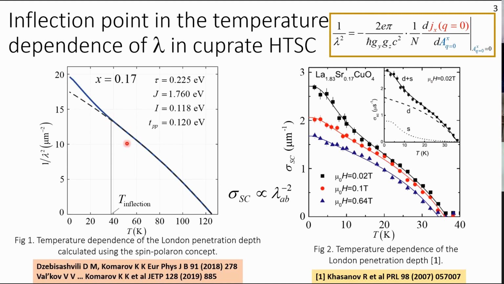In some cuprates, such an inflection point is observed experimentally, like this experimental one. However, as you see, the theoretical curve exceeds the experimental data on the critical temperature about 3 times. We found a solution to this problem by taking into account Coulomb repulsion, Coulomb interaction between holes on the oxygen ions.